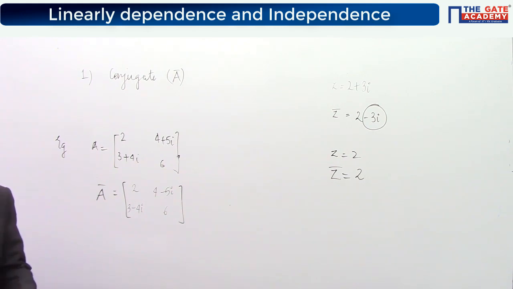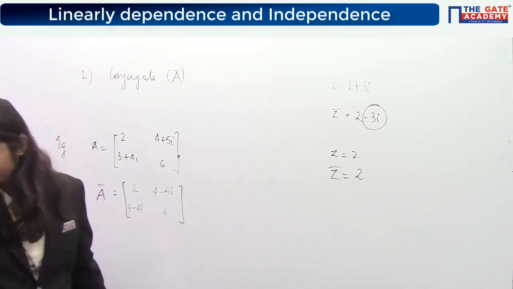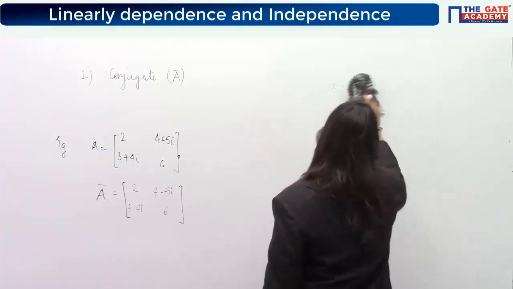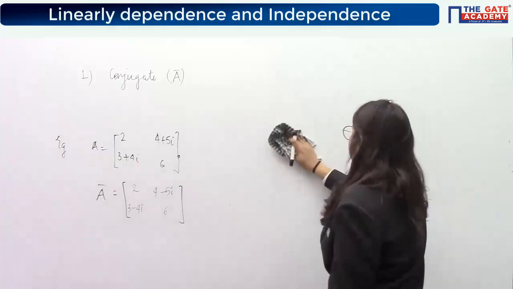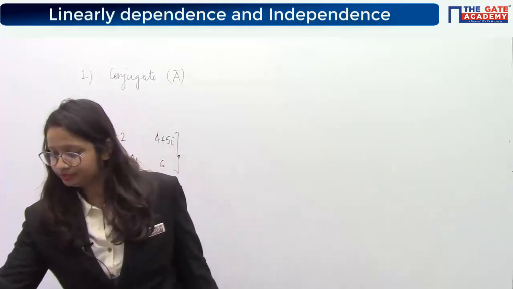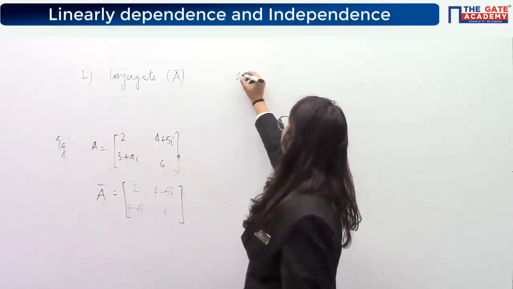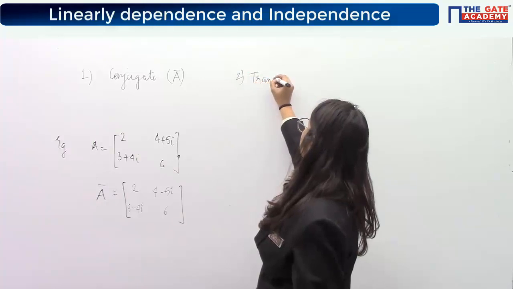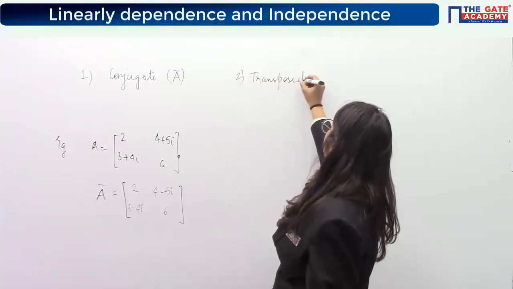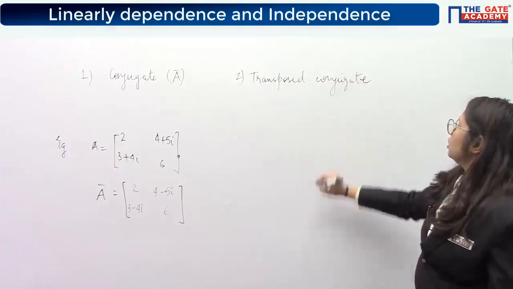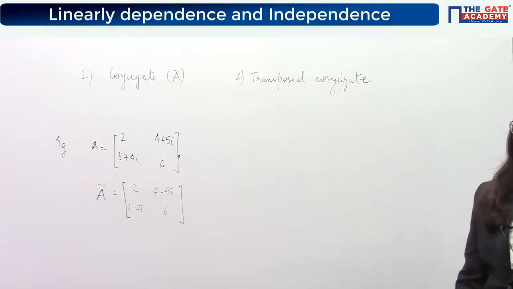Next is the transposed conjugate of a matrix. Again, the name itself suggests what you have to do to find the transposed conjugate. Transposed conjugate is denoted by A theta.